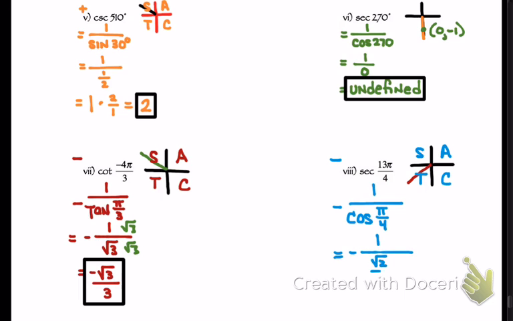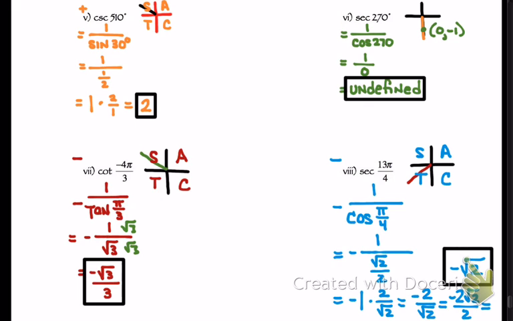Cosine of pi over 4 is root 2 over 2. Instead of dividing by a fraction, I know I can multiply by the reciprocal. That gives me that. I can't have a square root in the denominator, so I got to rationalize that. Looks like I can cancel those 2's out, and voila, negative root 2 is my answer.